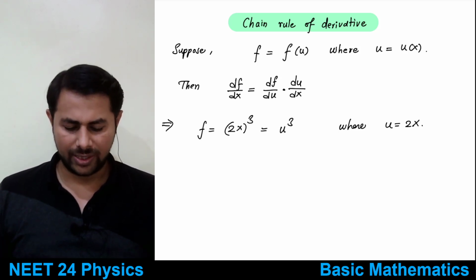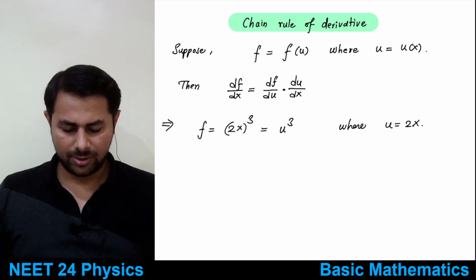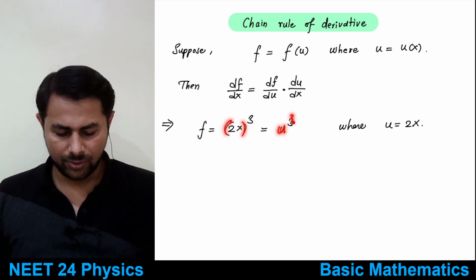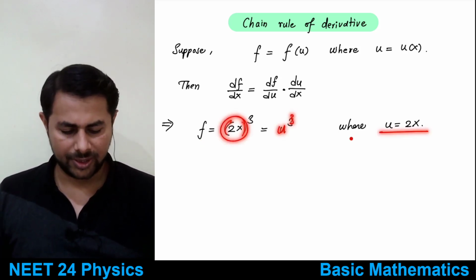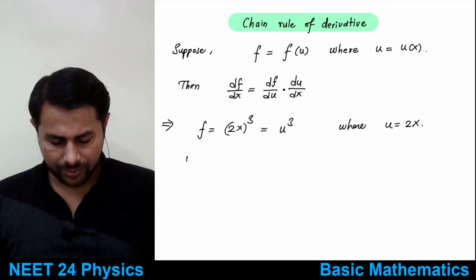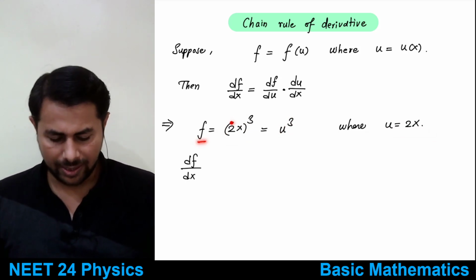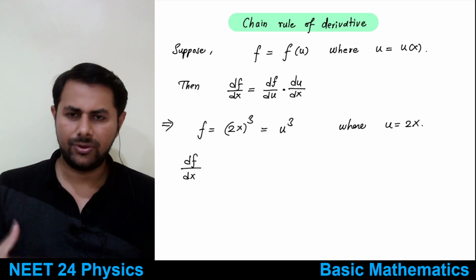For an example, you have f is equal to 2x cube. This thing can be written as u cube. So what is your u? It's 2x. So what will be the derivative of f? I wanted df by dx, but I don't have x here, I have 2x cube.